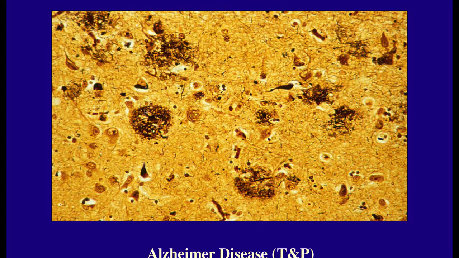Again, these are very complex structures with an amyloid core and then a halo of dystrophic neurites, and it's the latter that's highlighted on the silver stain. And also here are numerous neurofibrillary tangles. This one is more C-shaped. Down here is one that's more flame-shaped. So those are the characteristic pathology features that one sees in Alzheimer's disease.